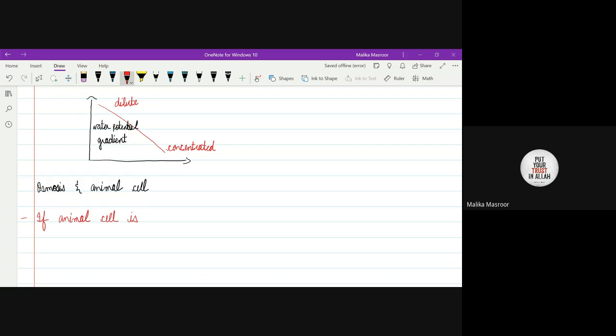Firstly, let's place it in pure water. If an animal cell is placed in pure water, water will enter inside the cell, because inside there's more concentration, so water will move from outside to inside. And since there is no cell wall, your cell will burst.